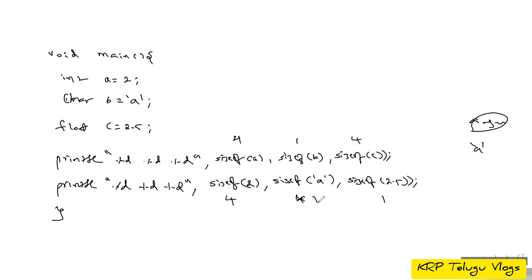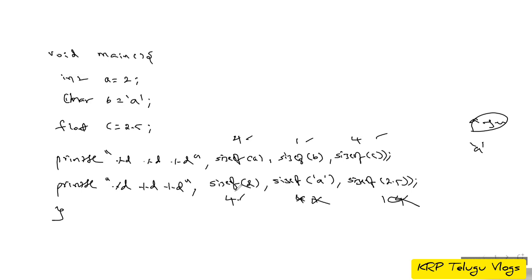Float only, that is 4. Yeah, it will take 4. So this is wrong and this is also wrong. Why is it wrong? This is fine.